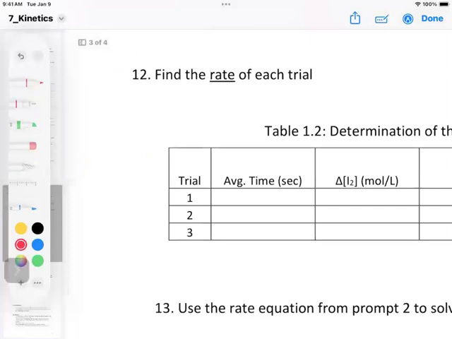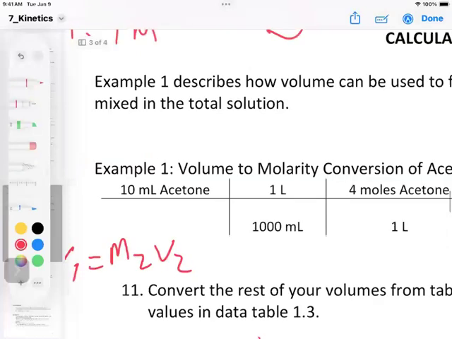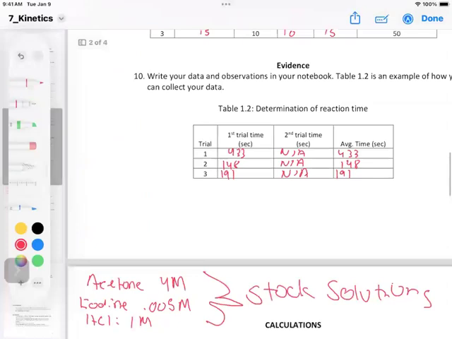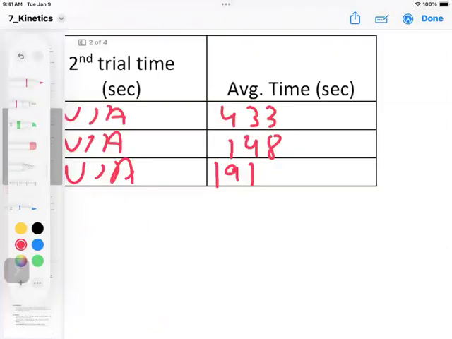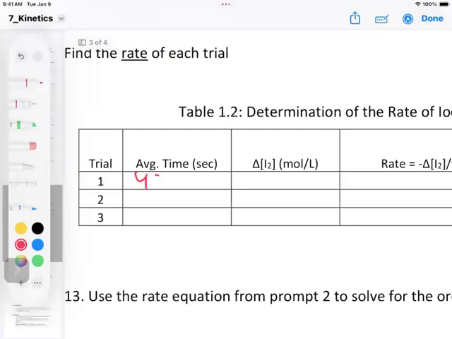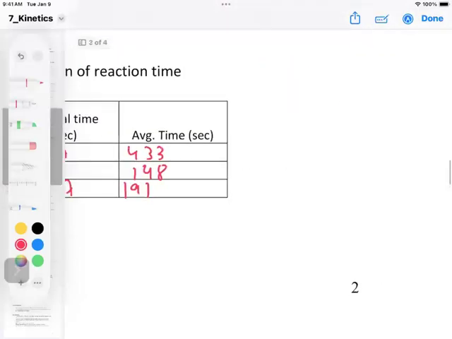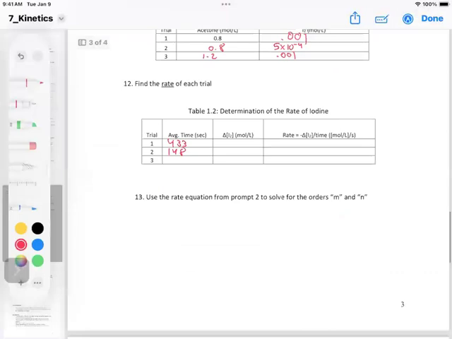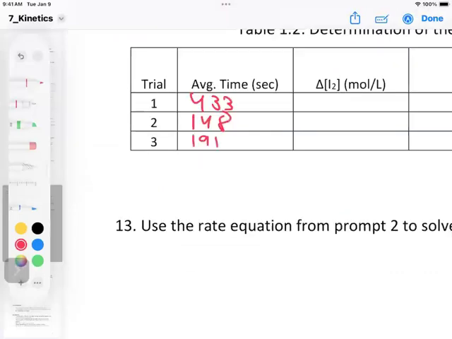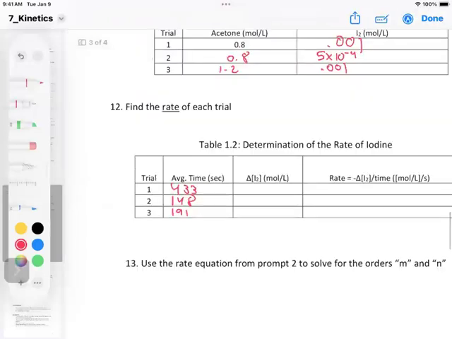Okay, next, we can find the rate of each trial. We are given the average time, so for trial 1, 433, 148, and 191 seconds. Now it's asking us for the change in concentration of iodine.